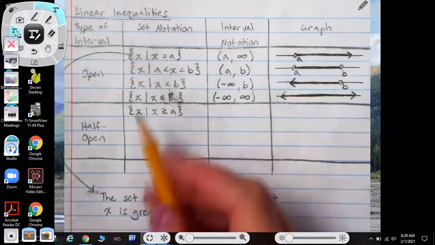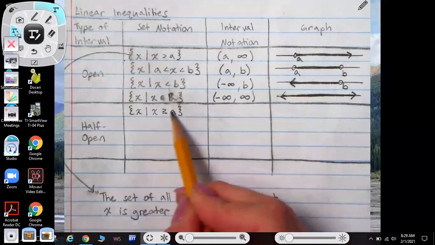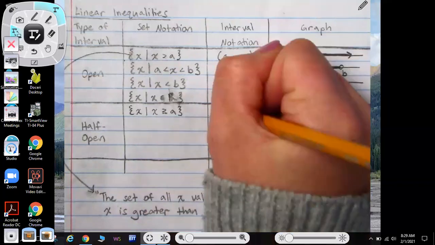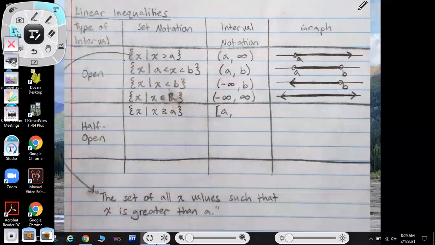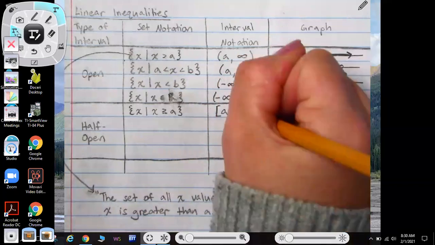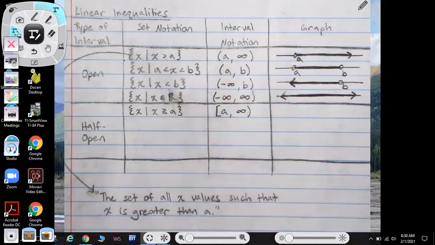We're including a in our interval, so we use a bracket to show that, and we're looking at all the numbers that are also greater than a up to infinity. We never use square brackets with infinity symbols. You always use a parenthesis, mainly because you can't ever reach infinity to actually include it in the interval. It goes on and on forever.